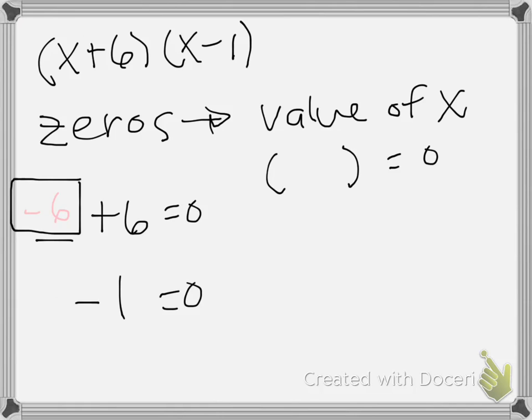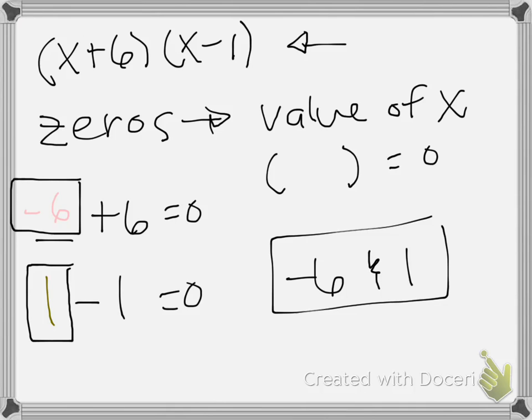And that one should be another obvious one. And hopefully you know that that is 1. So my second zero is 1. So if on a test you're asked to find the zeros for this factored form equation, your answers would be negative 6 and 1. Which means that your graph crosses the x-axis at 2 places.